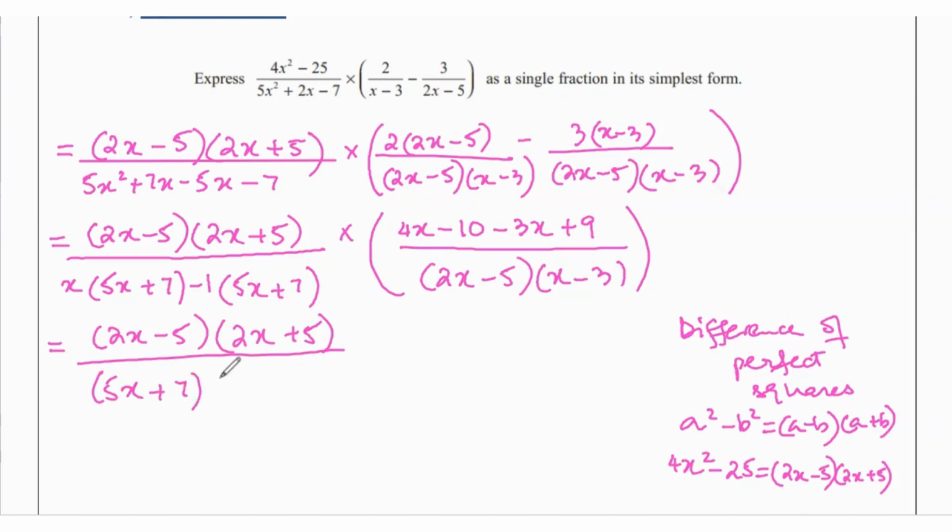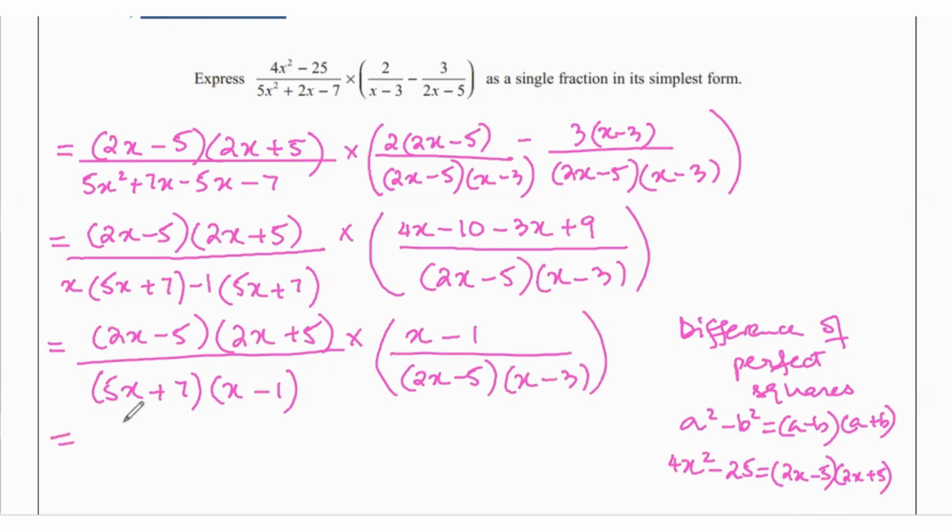So 5x plus 7 bracket x minus 1 times, combine the like terms, 4x minus 3x is x, negative 10 plus 9 is negative 1, over 2x minus 5 times x minus 3.